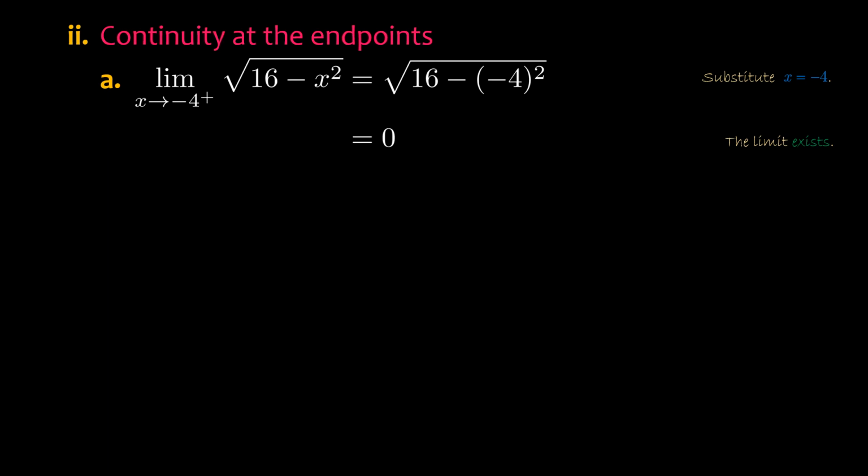Because the limit of f of x, as x approaches -4 from the right, can be calculated by direct substitution, f is continuous from the right of -4.